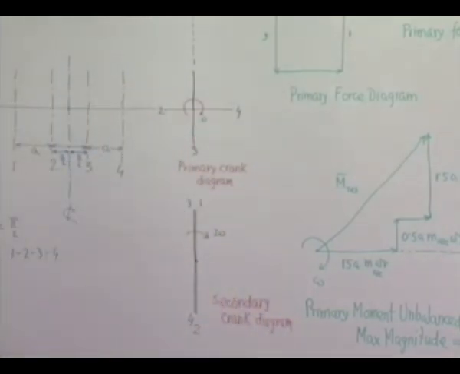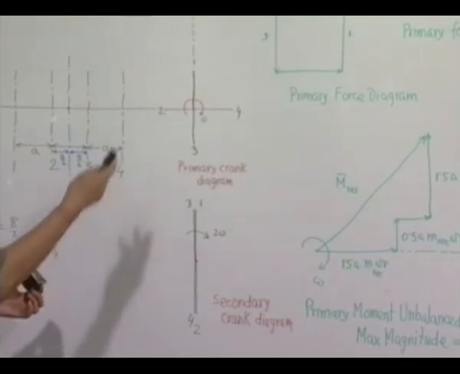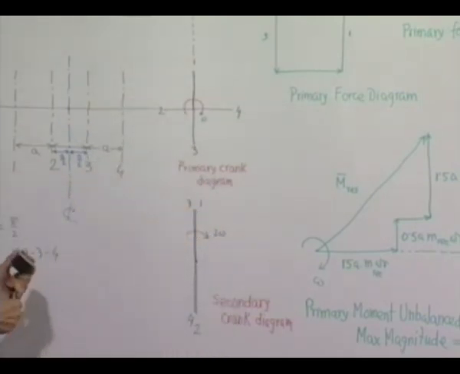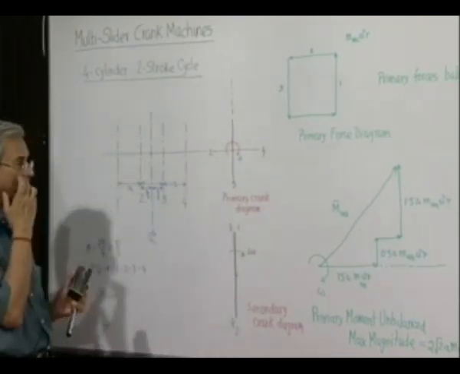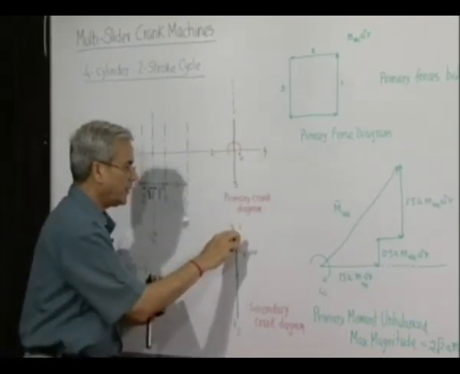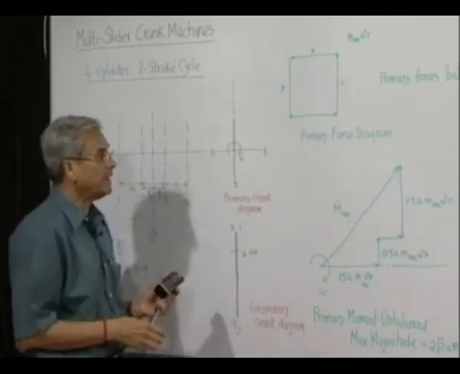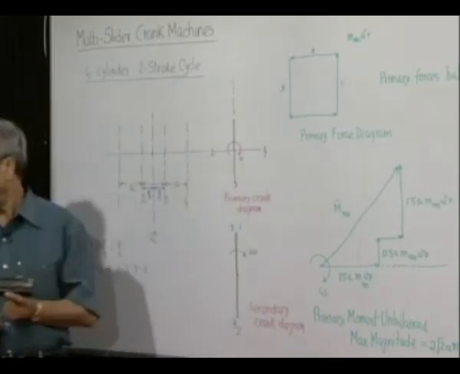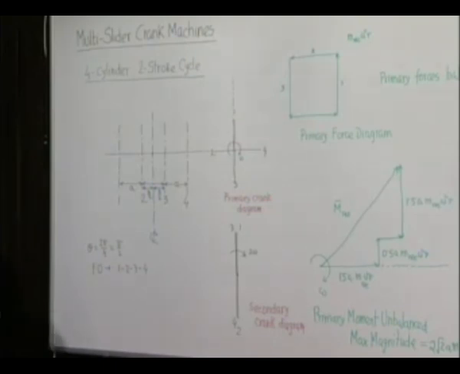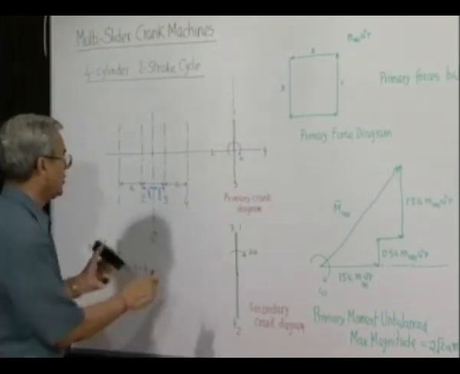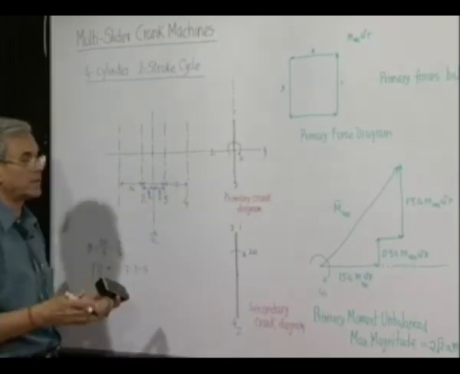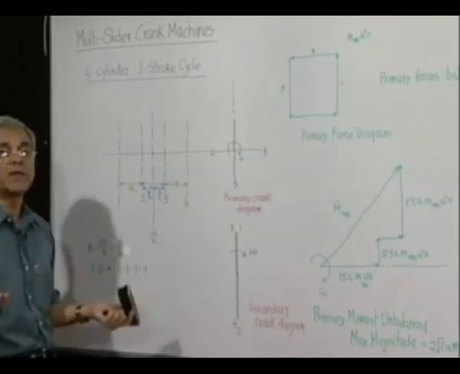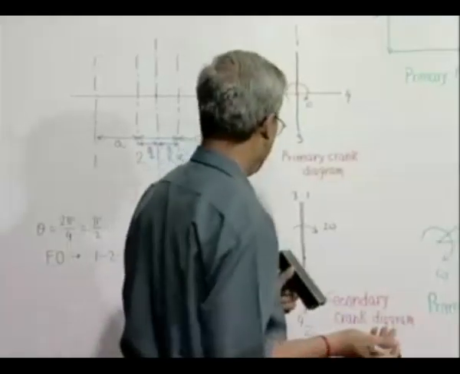So, now to investigate the secondary forces and secondary moments, we proceed in the same way. First, let us consider that we have placed a mass which is lambda m reciprocating by 4 at the tip of each secondary crank, and then we consider the components of the centrifugal forces produced along this cylinder center line. But before doing that, if we find that those centrifugal forces are balanced among themselves, then obviously their components are also balanced, or 0.